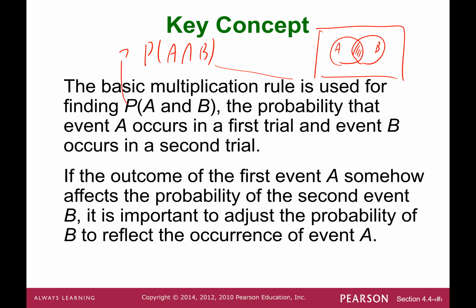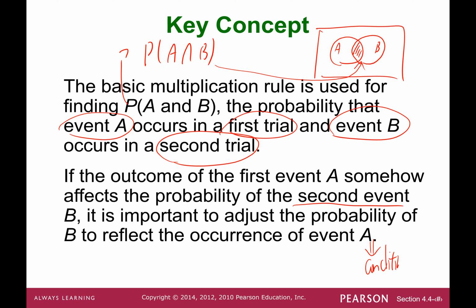This is the probability that event A occurs in the first trial, and event B occurs in the following trial, or second trial. If the outcome of the first event affects the probability of the second event, it's important to adjust the probability of B to reflect the occurrence of event A. And we call this conditional probability, given that event A has impact on event B.